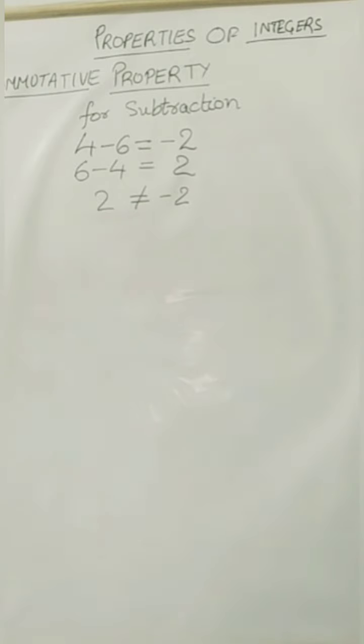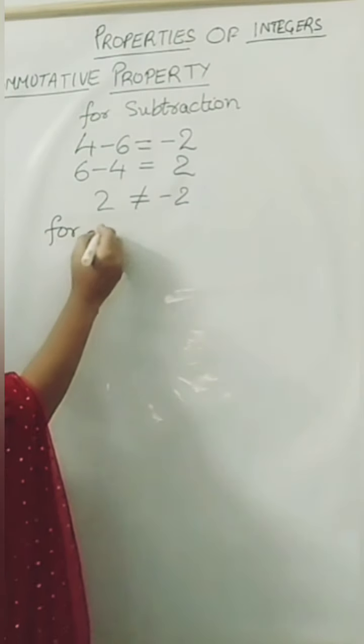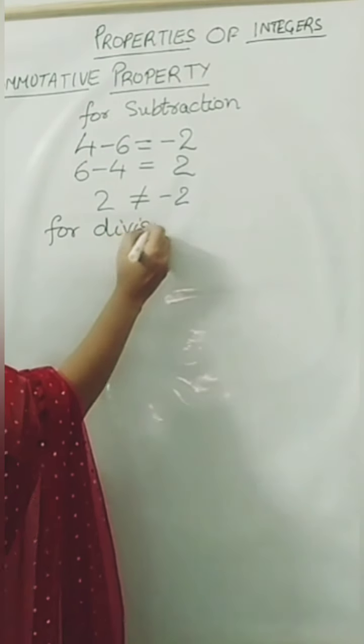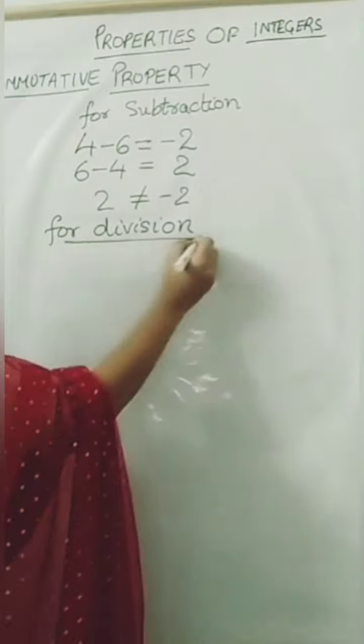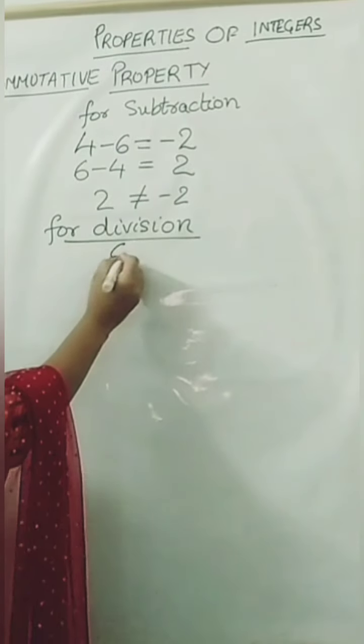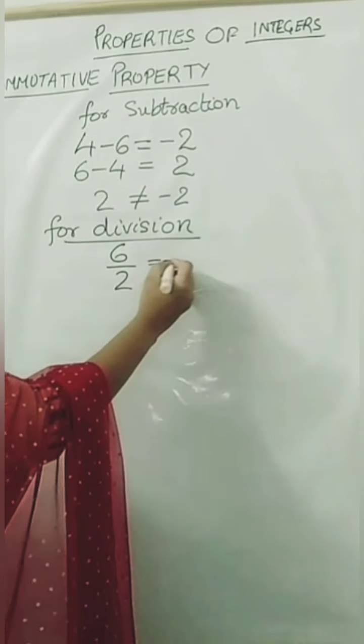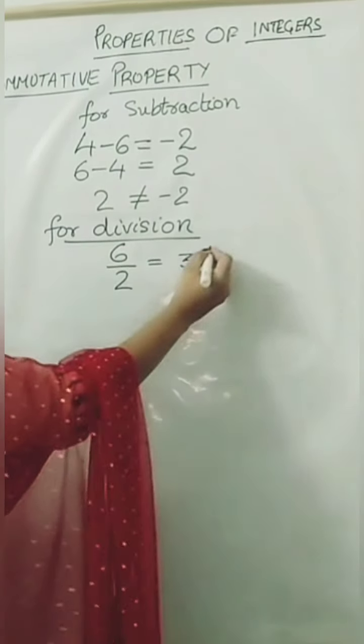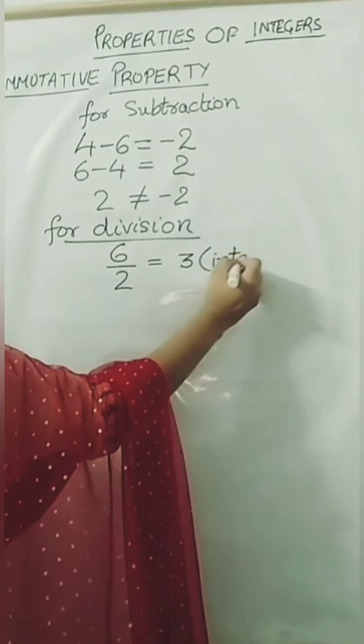Now let us see whether this commutative property holds for division also. For division, if I am going to take an integer, 6 divided by 2 gives you 3. This is an integer.